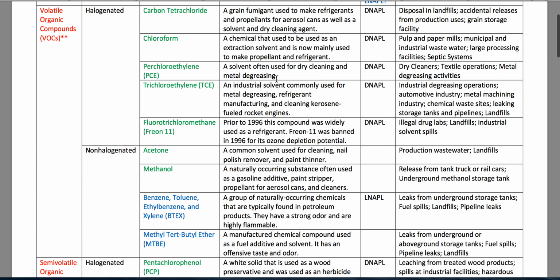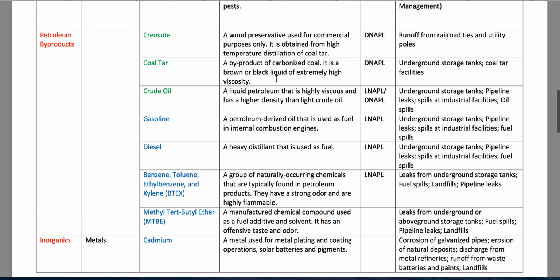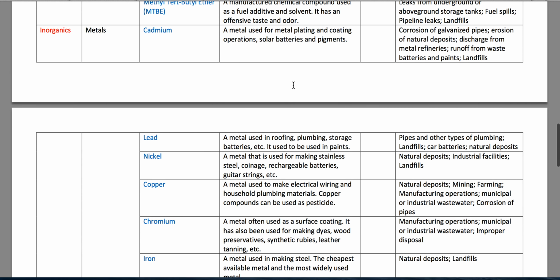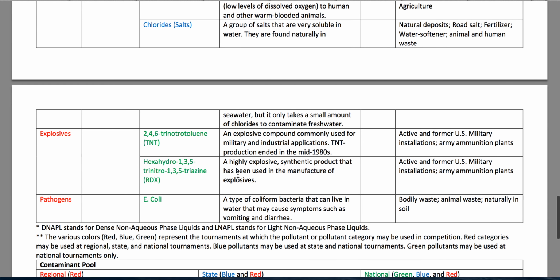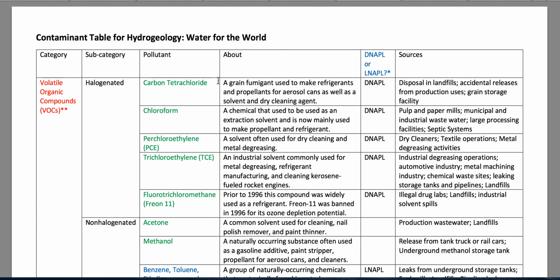There are a lot of different categories, whether that be volatile organic compounds or inorganics. There are all kinds of categories in here, as you can see, but it does seem a little overwhelming. There's such a big variety of contaminants.